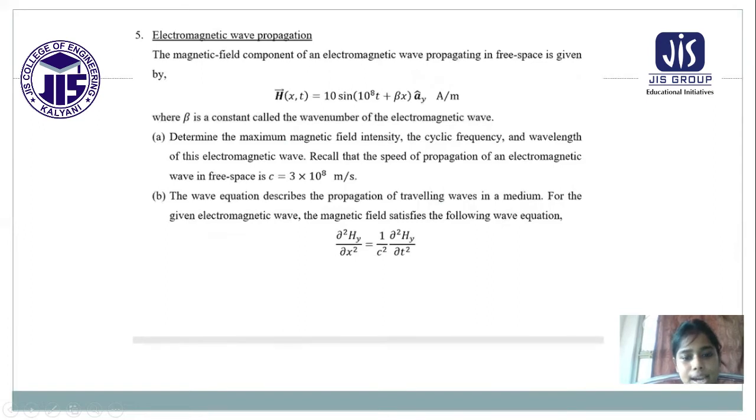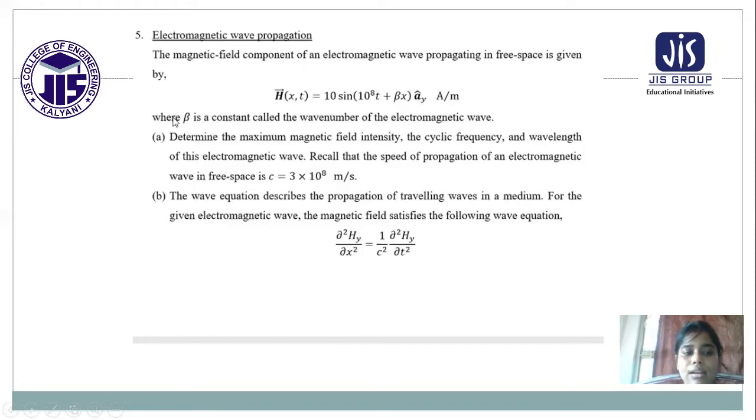Next, this is the application. Now a numerical is given here. The magnetic field component of an electromagnetic wave propagating in free space is given by H equal to 10 sine of (10 to the power 8 t plus beta x) a y cap ampere per meter.